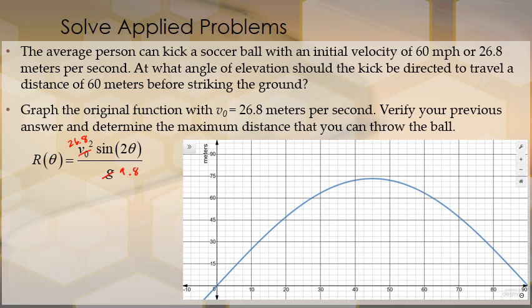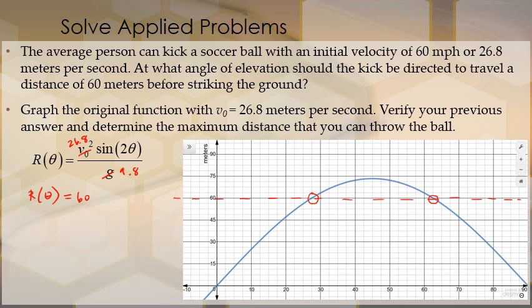And then of course we were interested in when is r of theta equal to 60. I don't show that picture on here, but I can sketch that in pretty easily. That's going to be a horizontal line going through 60. Now, do you remember what our answers were? Let's see if we got those right. Where these guys intersect is what I would expect to see as my answers.